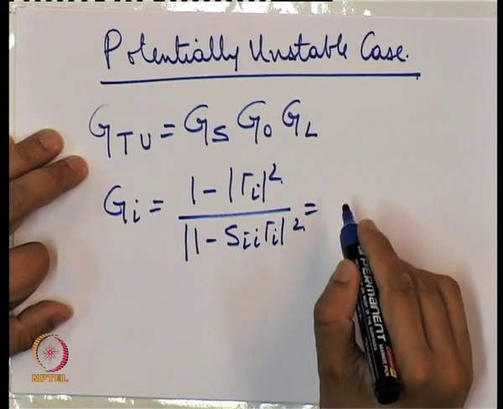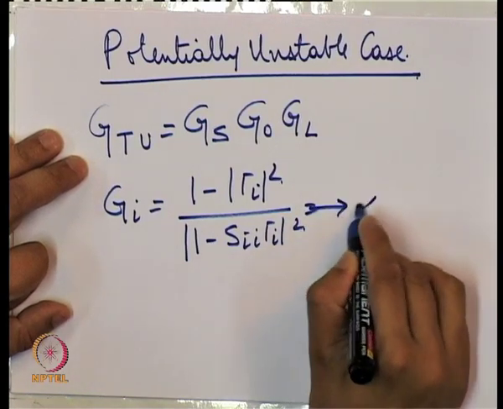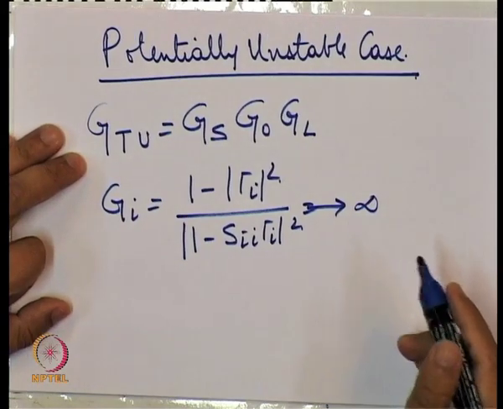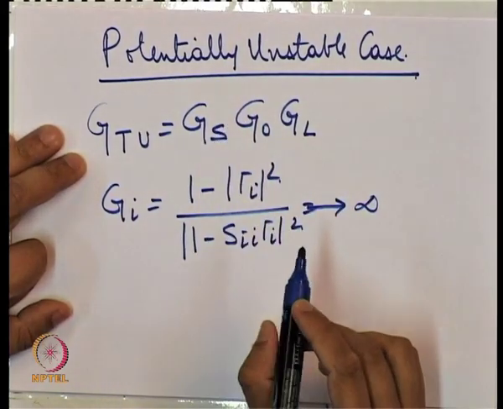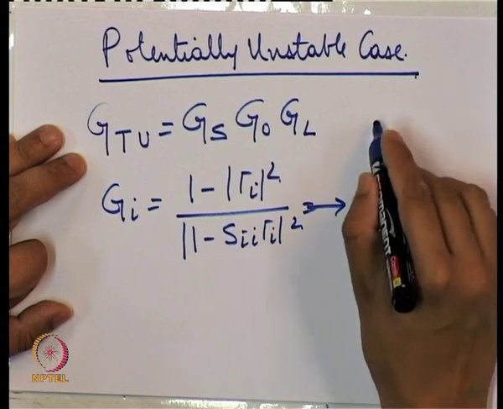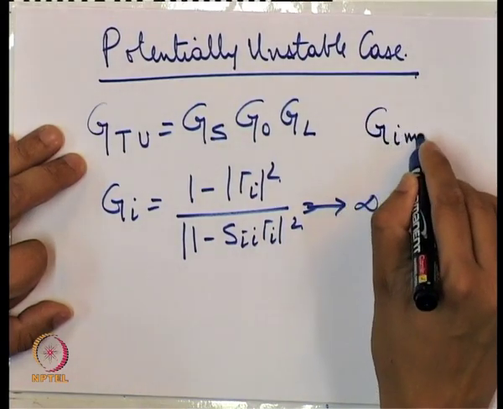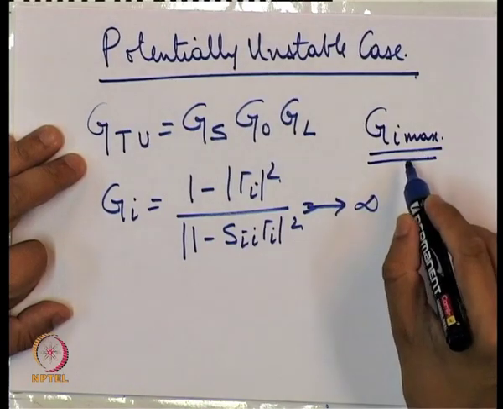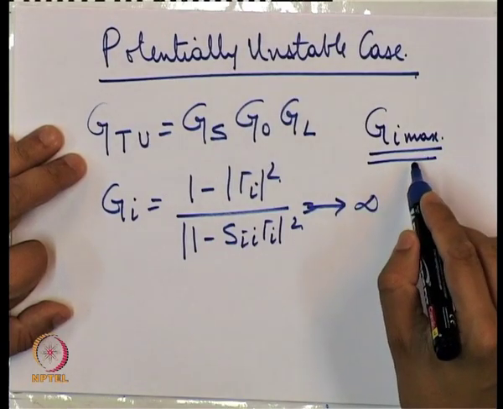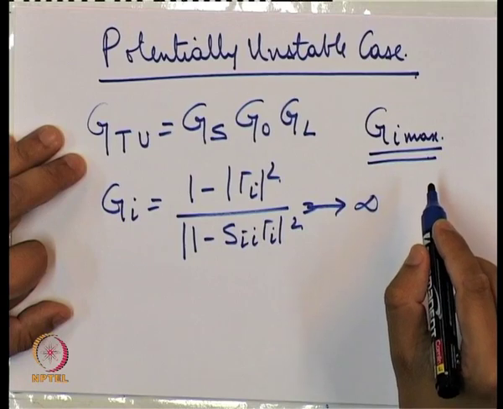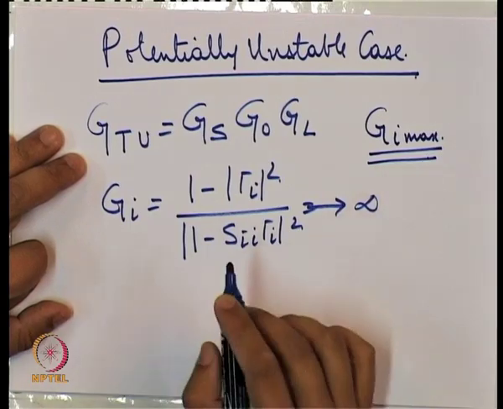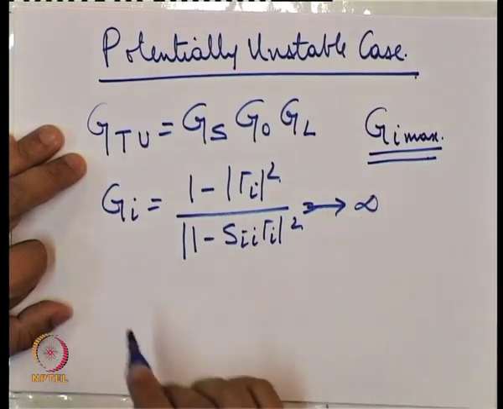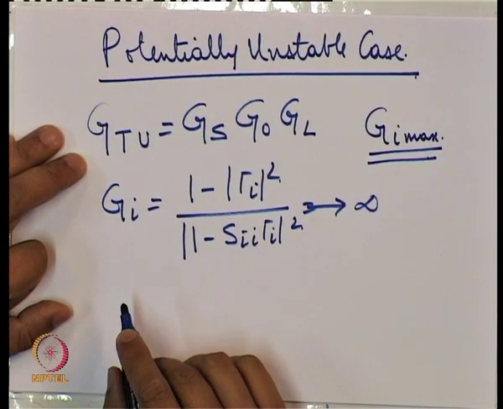And this can go all the way till infinity. That is the difference between a potentially unstable and an unconditionally stable case, that there is nothing called a Gi max actually. For the unconditionally stable case, we have a certain concept of Gi max. For the potentially unstable case, we don't have such a thing.